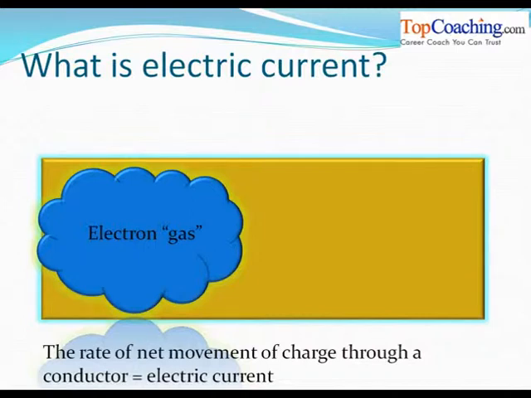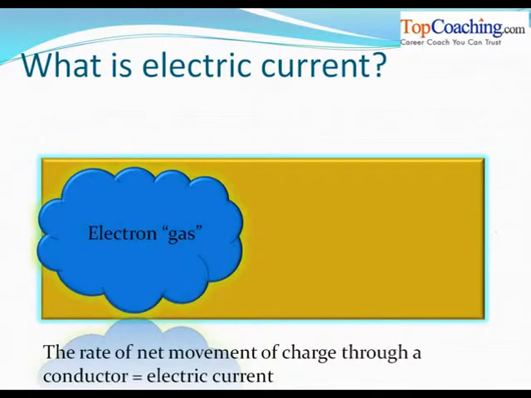So the net charge flowing in a particular direction per second is called electric current. Understood? So the number of electrons flowing from the negative potential to the positive potential in 1 second is electric current. So the net charge flowing per second is electric current.